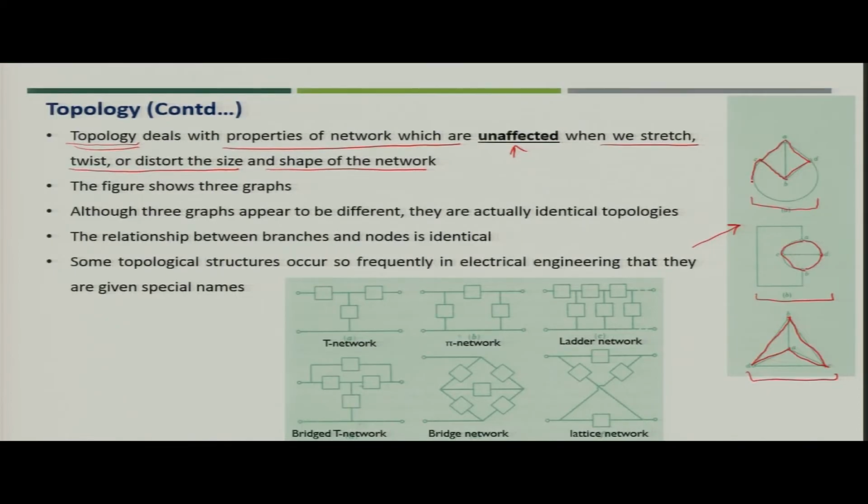Now, C is connected to D in this fashion, and the same here and here. Finally, we are connecting A to B through a straight line. Here we are connecting A to B like this, and similarly A is connected to B like this. Now, since connectivity information is the same, it means that topology is the same.